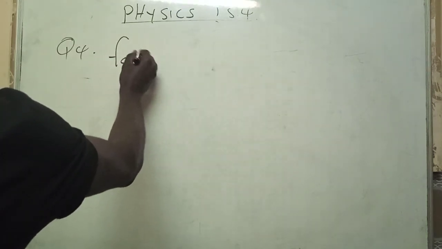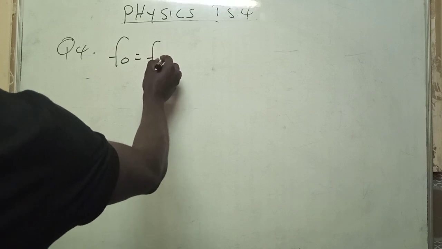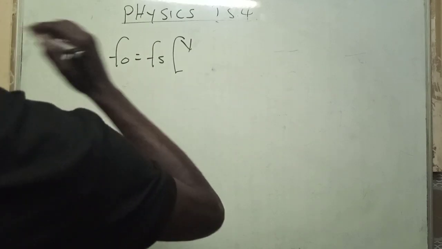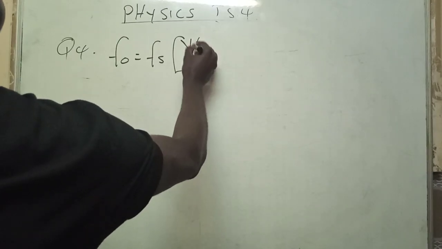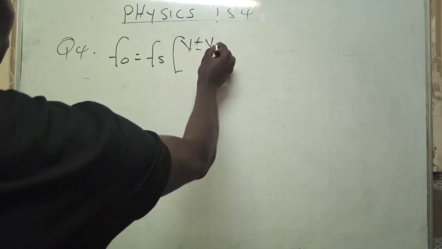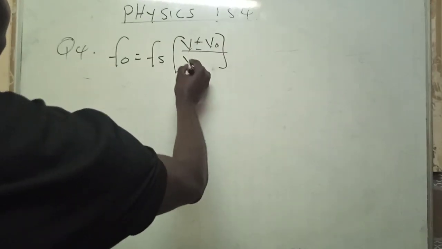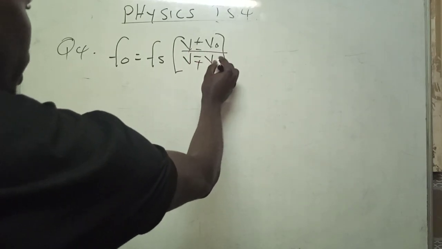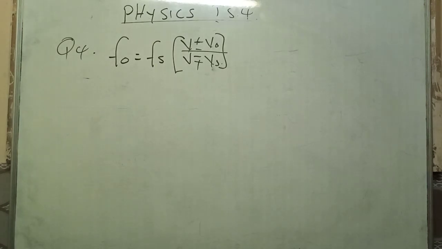The frequency of the observer is equal to the frequency of the source, V plus or minus VO over V minus or plus Vs. So let's understand the question.